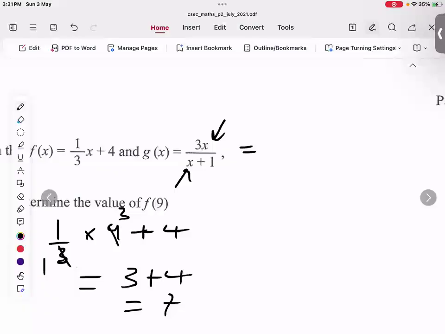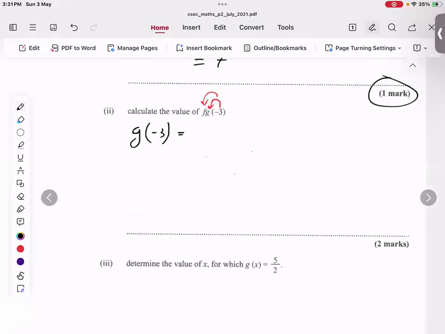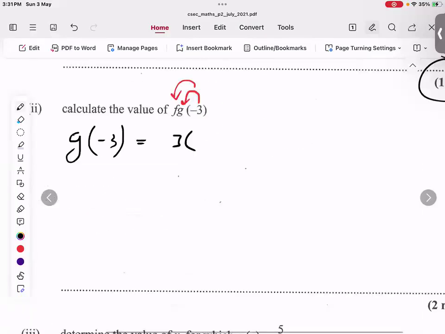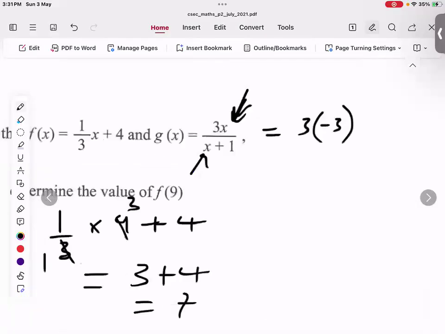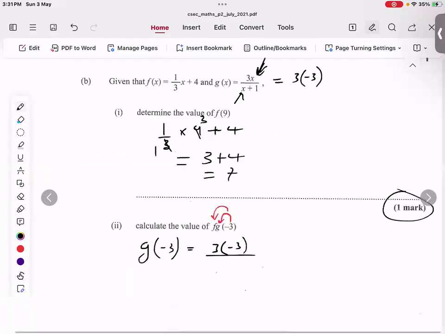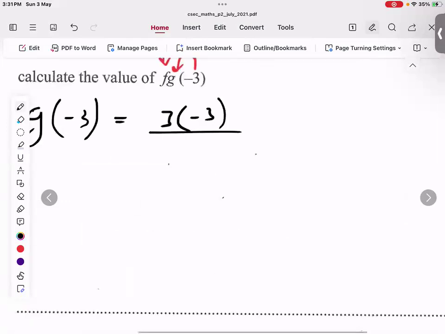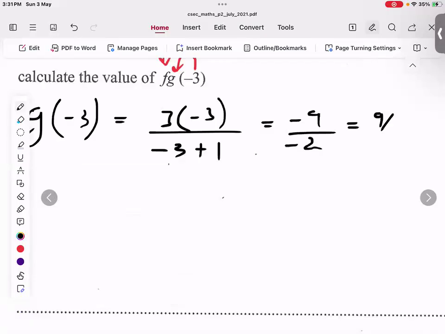So we're going to say 3 times minus 3 over minus 3 plus 1. 3 multiplied by minus 3 works out to be minus 9 over negative 2. And that works out to be 9 over 2.